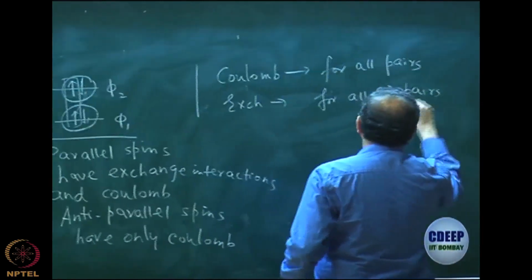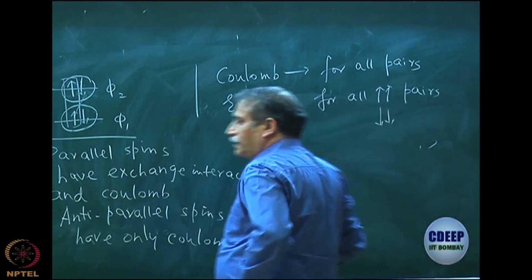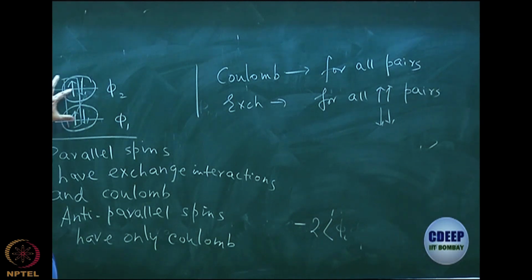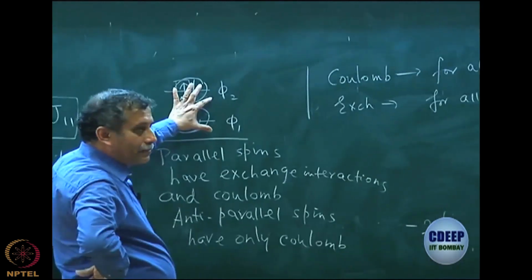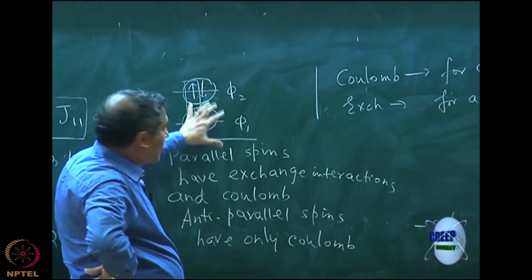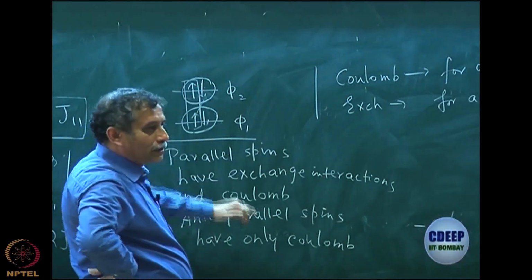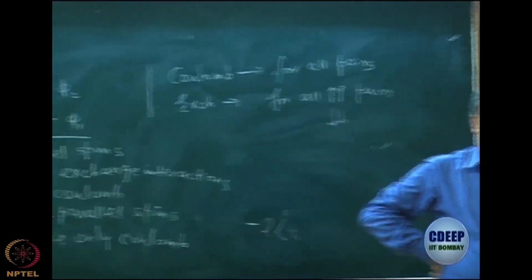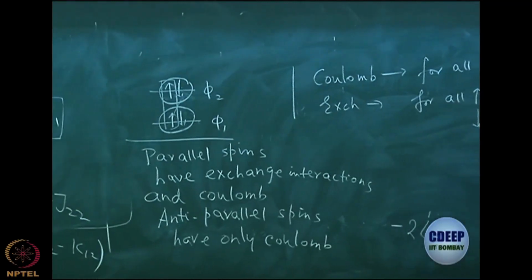When I say up, up, it could be down, down, parallel or anti-parallel. So count the number of parallel pairs and the number of all other pairs. Here the parallel pairs number 2. Again, when I say parallel, it means both of them alpha or both of them beta. They should basically be the same spin. That is what I mean by parallel.